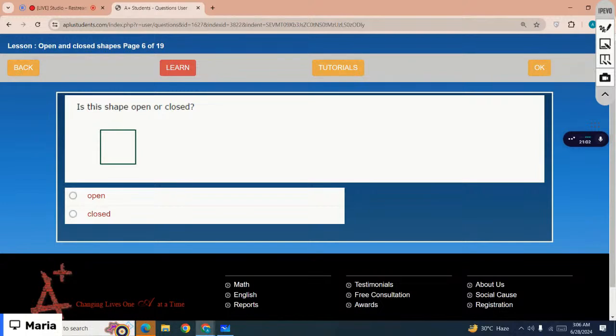Is the shape open or closed? Yes, closed it is. The correct option is closed.